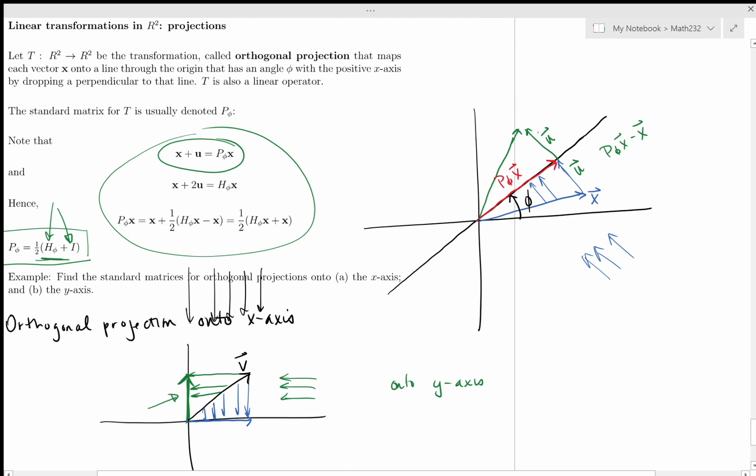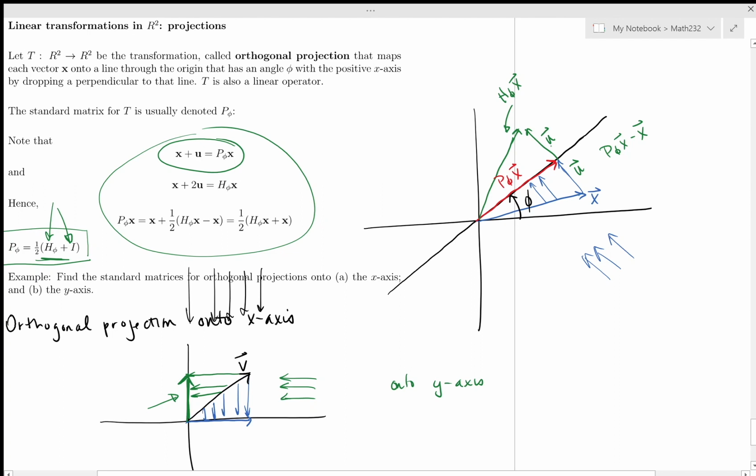Okay, so now what I've done is I have reflected x across my line, the black line. This guy right here is h phi times x, and then there's u.